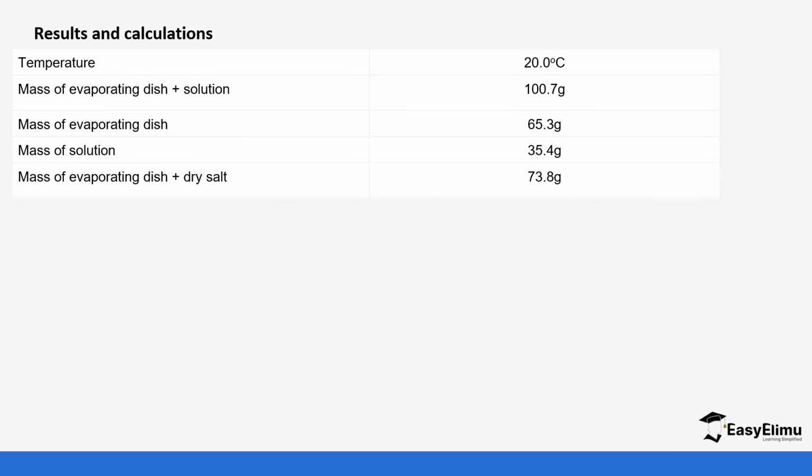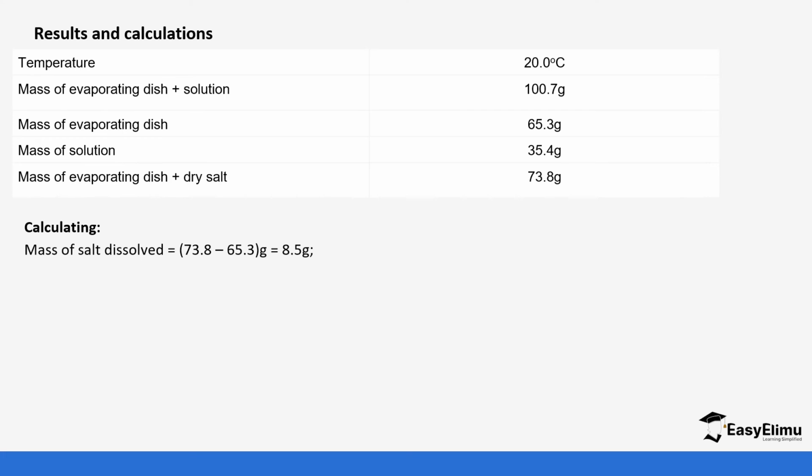Some of the things that we notice from this experiment is that the temperature is 20 degrees Celsius. The mass of the evaporating dish plus solution is 100.7. The mass of the evaporating dish is 65.3. The mass of the solution is 35.4, and the mass of the evaporating dish and dry salt is 73.8 grams.